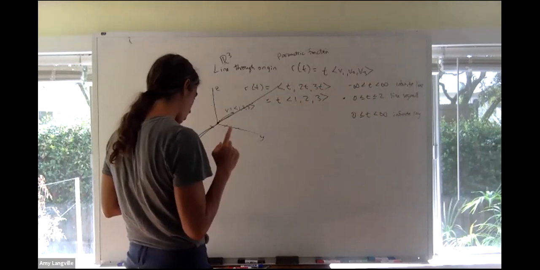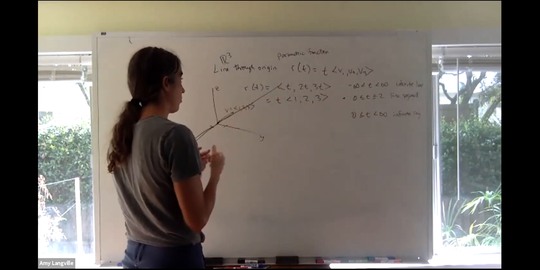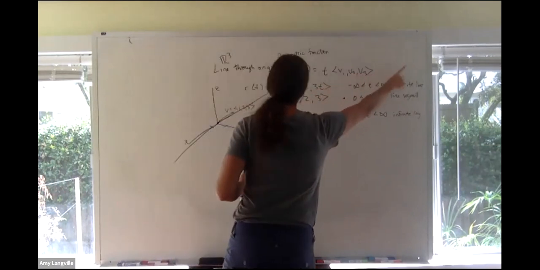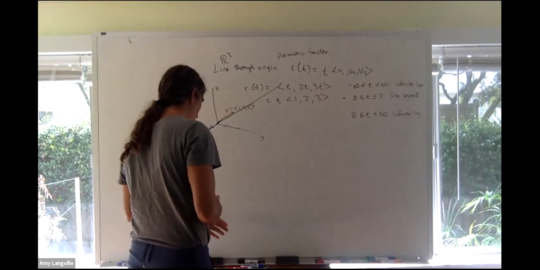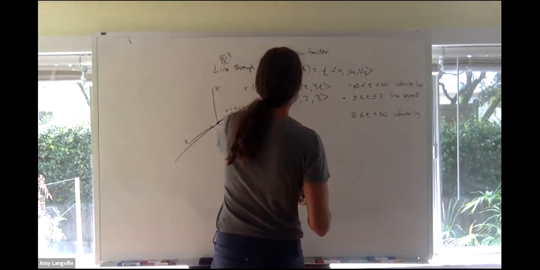Those are lines through the origin, and again, we can extend them to Rn lines in general, just by going v out to n. But what if we wanted to go a line through a different point besides the origin?